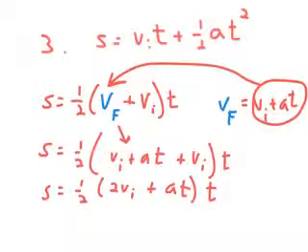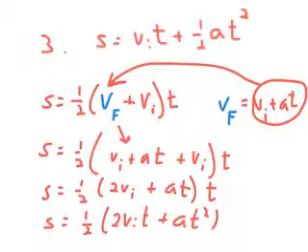And then if I distribute the 1/2 and the t, you can see that I end up with what I have at the top of the page here. So I'll do it in 2 steps. I distributed the t through the parentheses, distributive property. t times 2 v sub i is 2 v sub i t plus at squared.